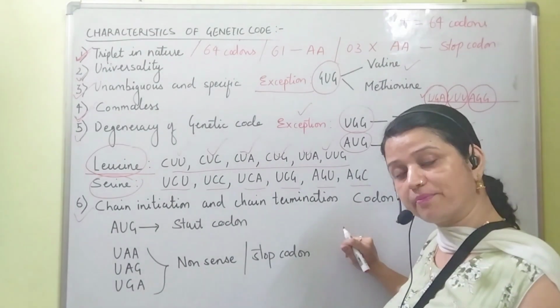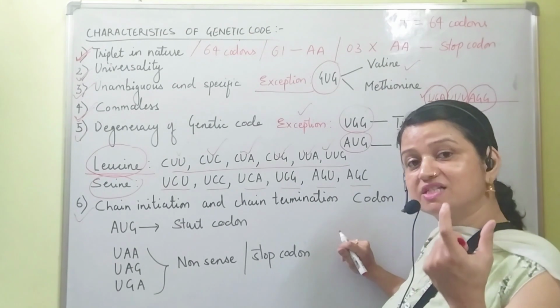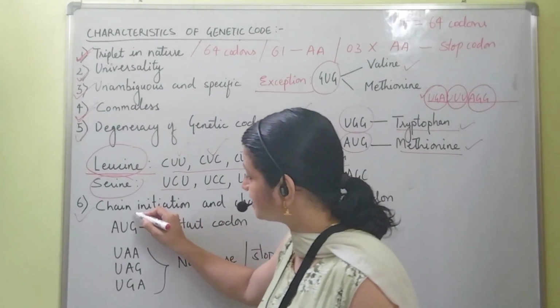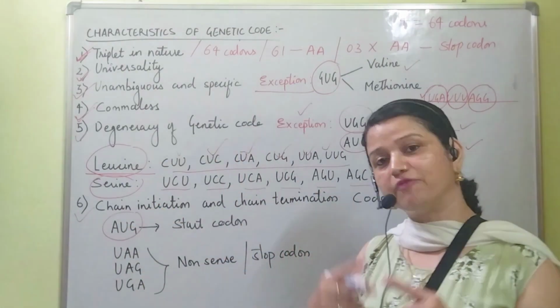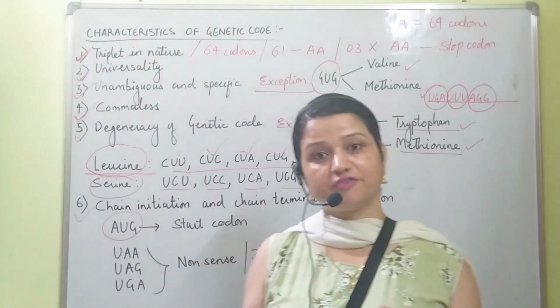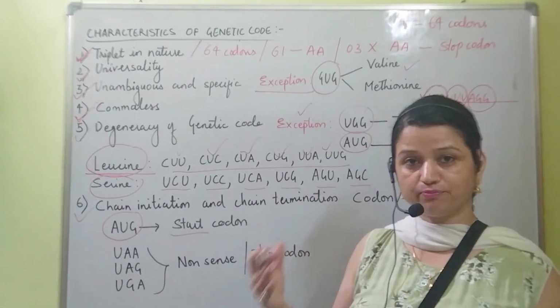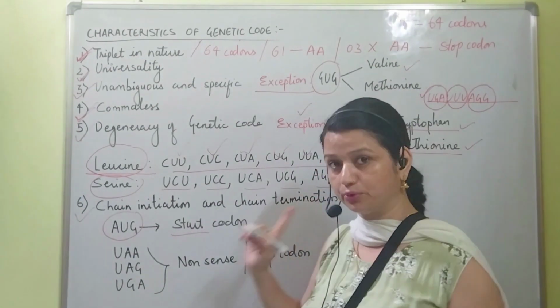Next is the chain initiation and chain termination codon. When there is formation of a polypeptide, there is a codon which starts the formation of the polypeptide, and that is AUG. So AUG performs a dual function. First, it is required to start the synthesis of the polypeptide chain, so that's why it is known as the start codon.